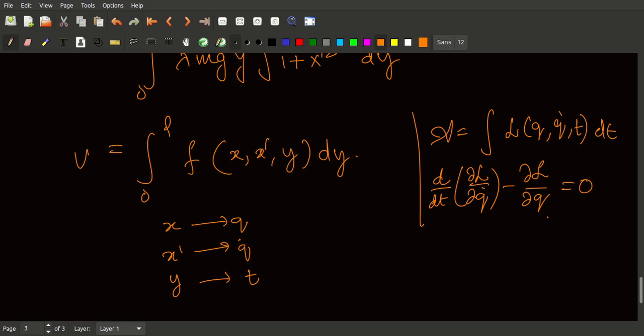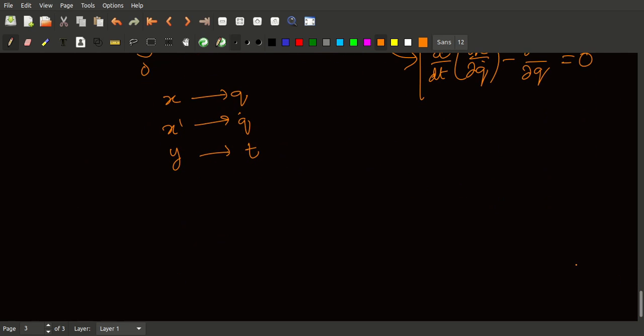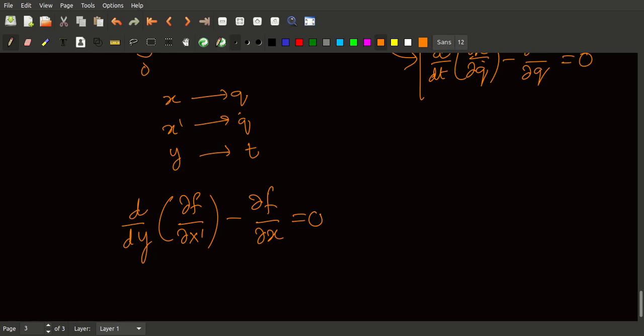So to get the minimum potential, what we have to do is find the Euler-Lagrange equation for this function. What will be that Euler-Lagrange equation? That will be d by dy of del f upon del x dash minus del f upon del x equal to 0.